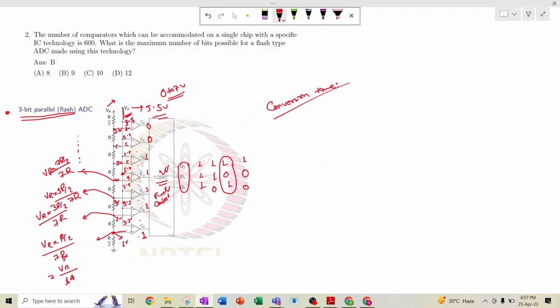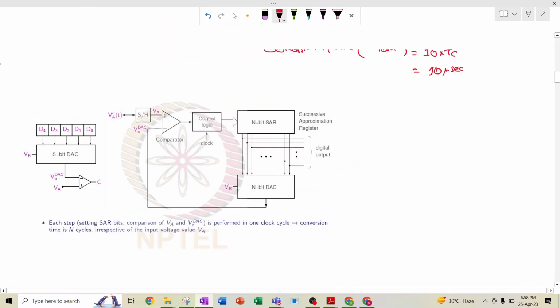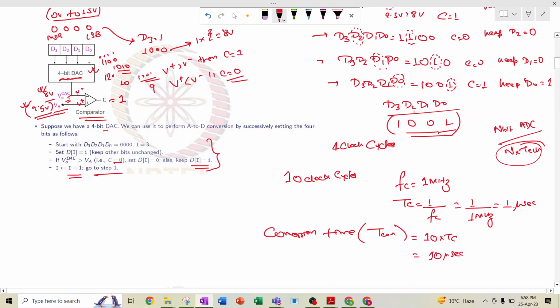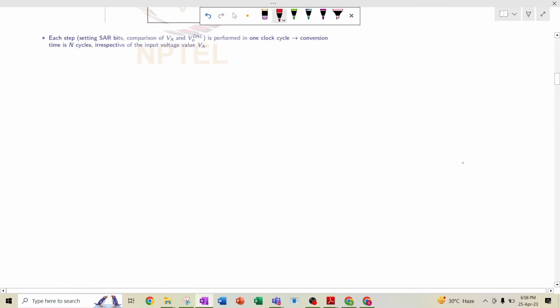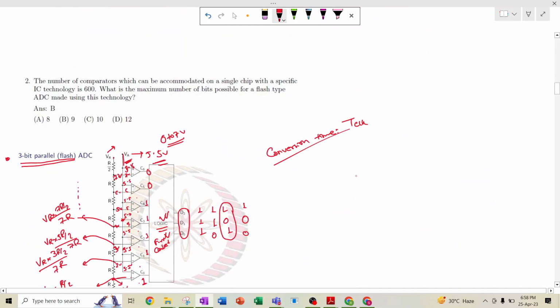If we give a 5.5 volt input, at the same time this 5.5 volt input goes to each of the comparator circuits, and after a single clock, we can easily get the output. So this conversion time is nothing but T clock, whereas in the previous case it is n times T clock, and here it is only T clock. This is the conversion time.